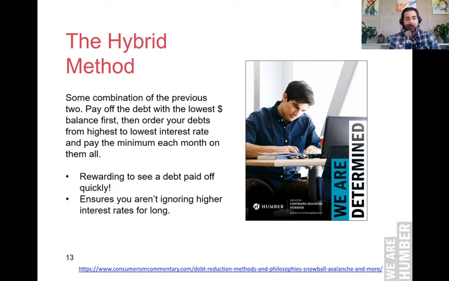And I was able to either roll it into my student line of credit so that it was being paid off at a lower rate of interest and eliminate that source of debt entirely, or just pay it down with my payments from my paycheck if I was using it infrequently for other purchases.